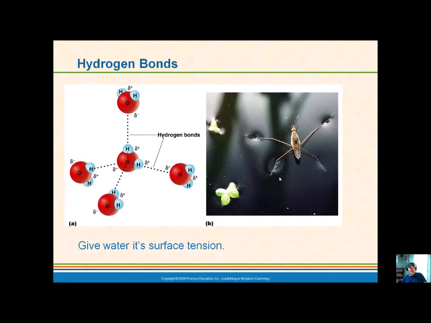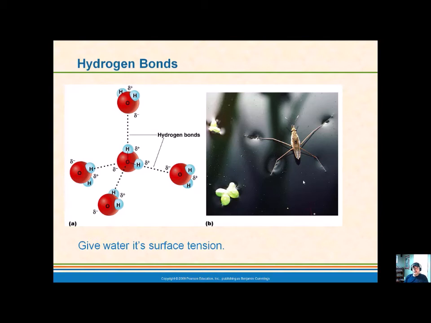It has surface tension because these don't want to let go of one another. So you can put things on the surface of water and they will float, such as one of these water bugs. Because it doesn't want to separate, you can put a lot of heat into water before it will change temperature, before it will evaporate.